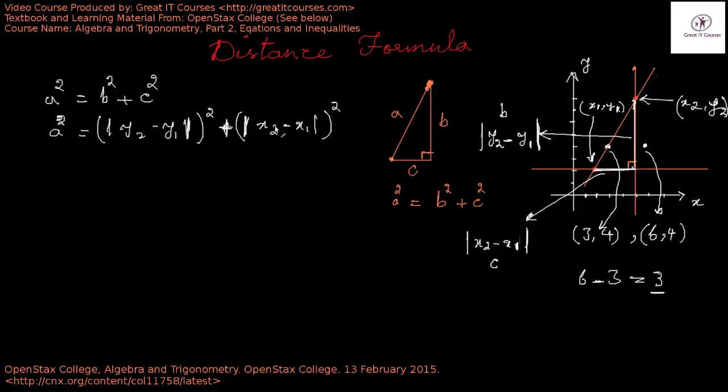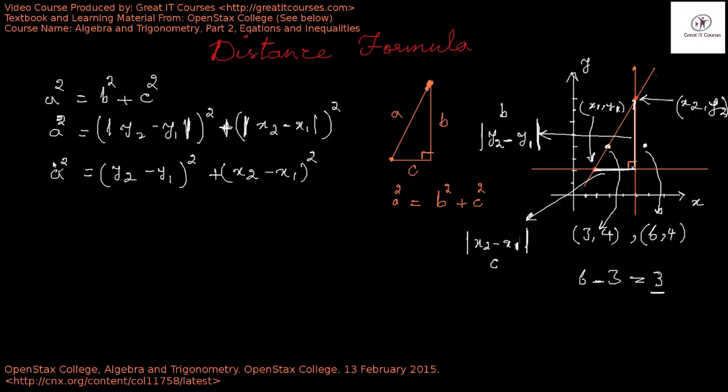So whether it's a negative value or a positive value, at the end of the day I'm squaring it, and I'm going to get a positive value. And so I can rewrite this equation as a squared is equal to y2 minus y1 whole squared, plus x2 minus x1 whole squared. You don't have to write the absolute value signs because the value is being squared.